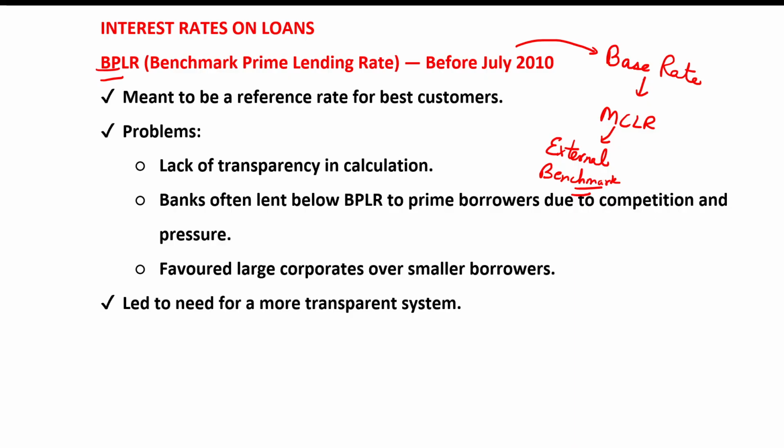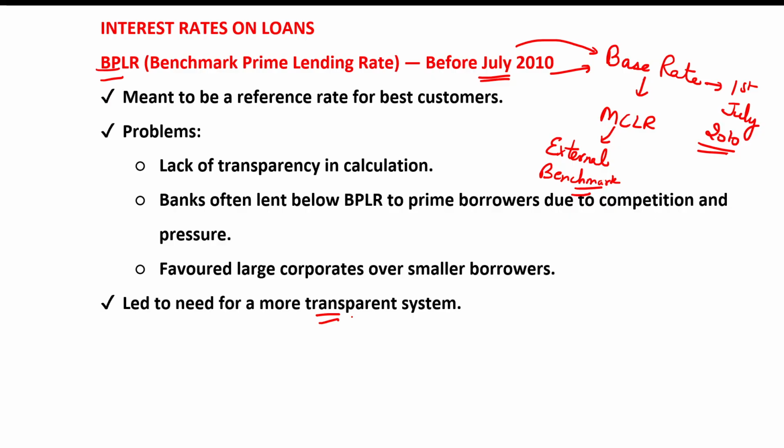With respect to benchmark prime lending rate, it was used before July 2010, and after that, base rate was incorporated. So, from 1st July 2010, base rate was put into the system. Before July, banks were using benchmark prime lending rate. One of the problems with this rate, because of which base rate was introduced, is that it lacks transparency.